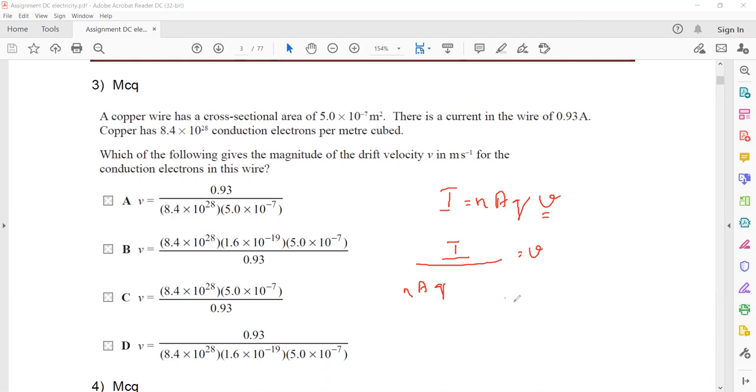I is the current which is 0.93. n is 8.4 into 10 to the power 28, multiplied by the area 5 into 10 to the power minus 7 meters squared, multiplied by the charge of 1 electron which is 1.6 into 10 to the power minus 19 coulomb. So it matches option D.